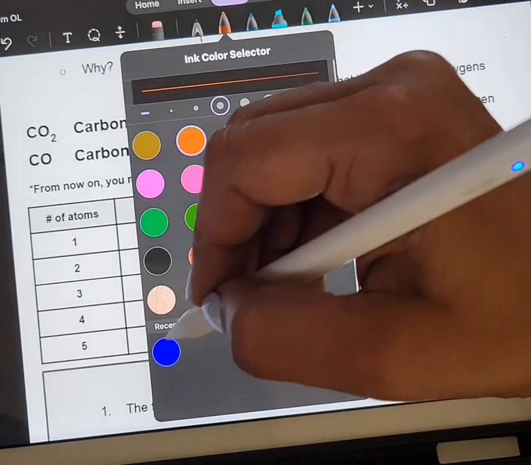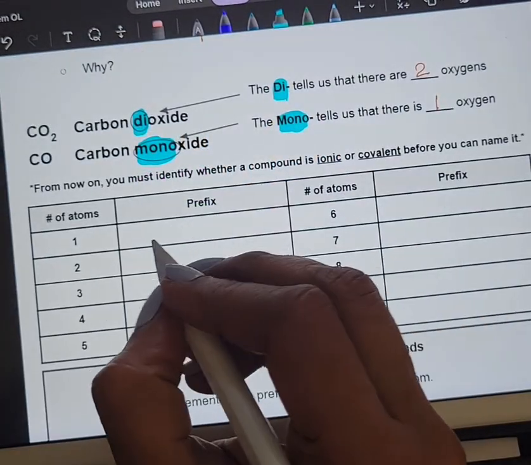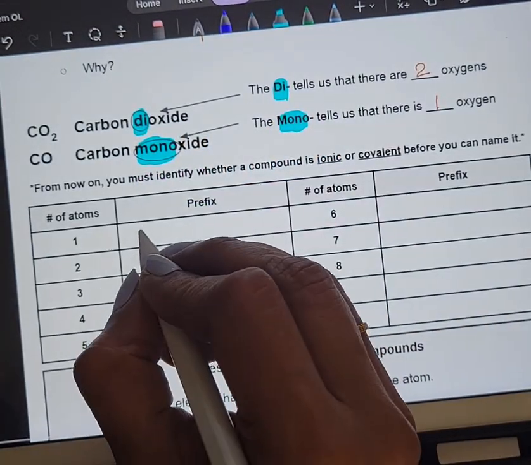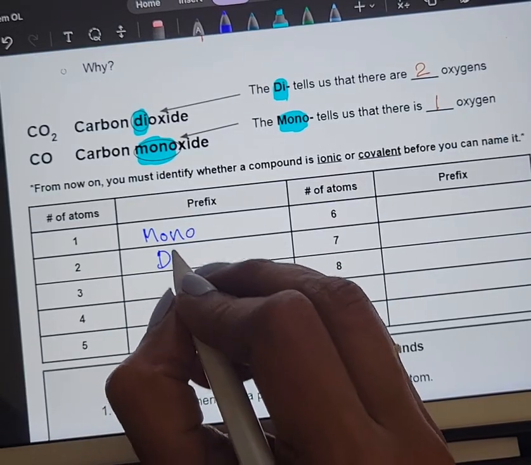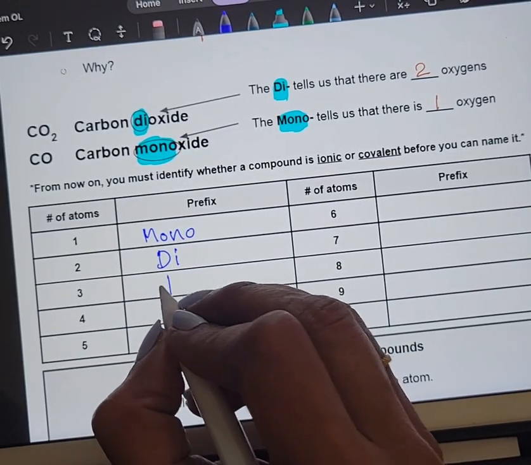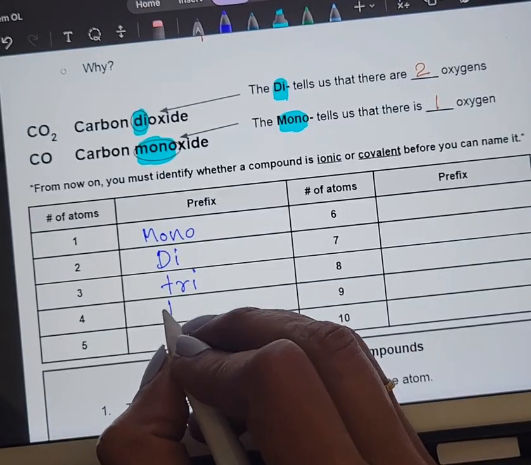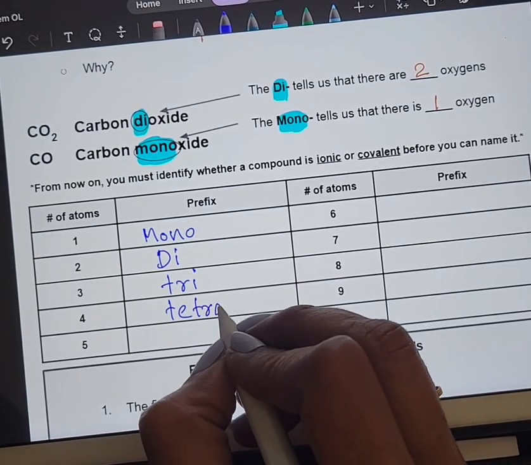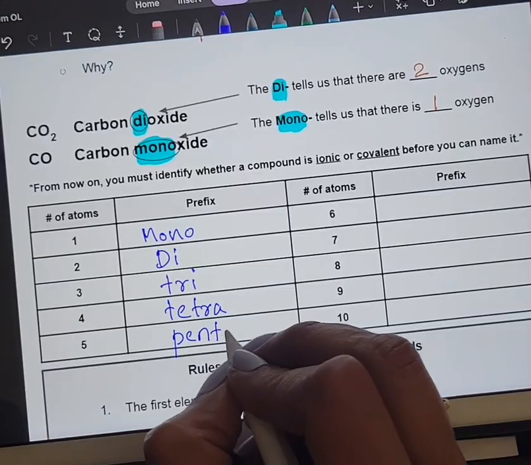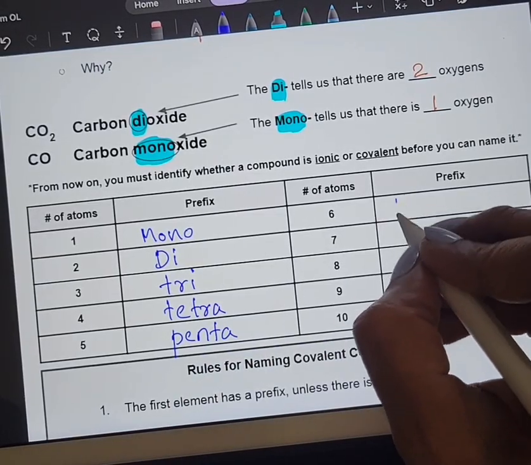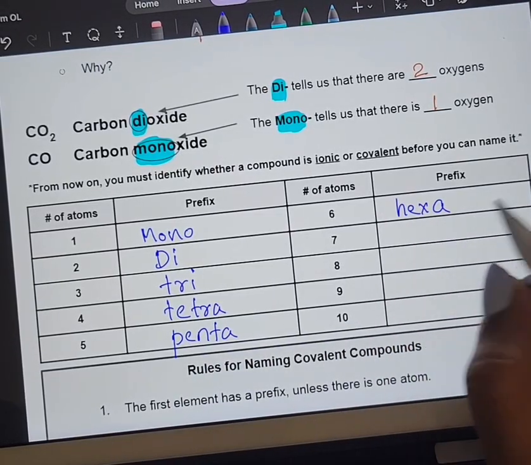Let's go and pick another color. Okay, so the prefixes we are using for 1, it is mono. 2 will be di. 3 will be tri. Then 4 will be tetra, like tetra pack juices, okay? Pentagon, 5 is penta. Hexagon, 6 is hexa.